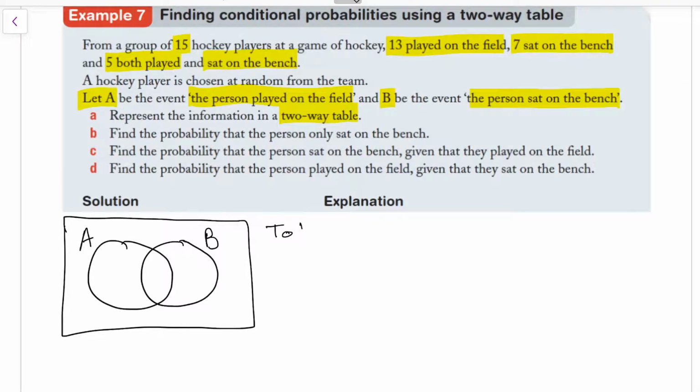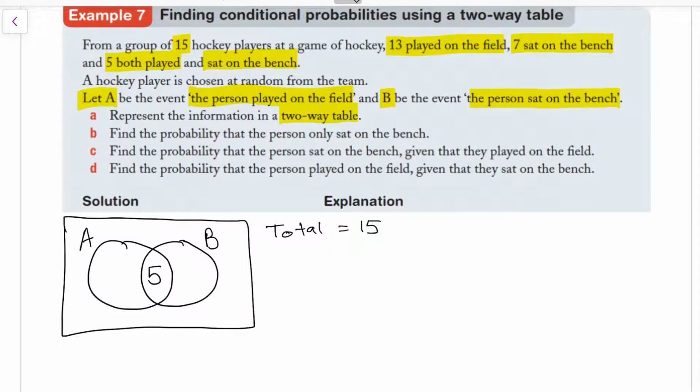We know that we have to have a total of 15 players, okay? Always put in your intersection. When they said 5 played both, 5 that did both, meaning they played and sat on the bench, that goes in the middle, okay? So 5 played and sat on the bench.